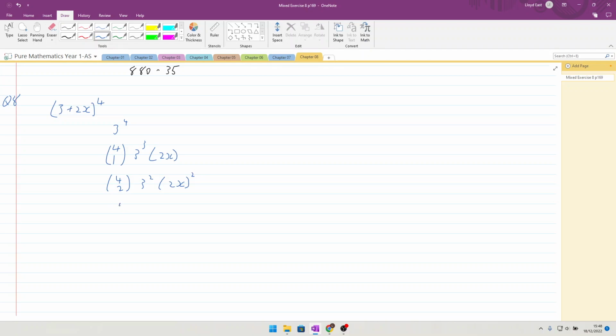And we will then have 4C3, 3 to the power 1, and 2x cubed. And finally, we will have 4C4, 3 to the power 0, which becomes 1 and normally doesn't get written, and 2x to the power 4.